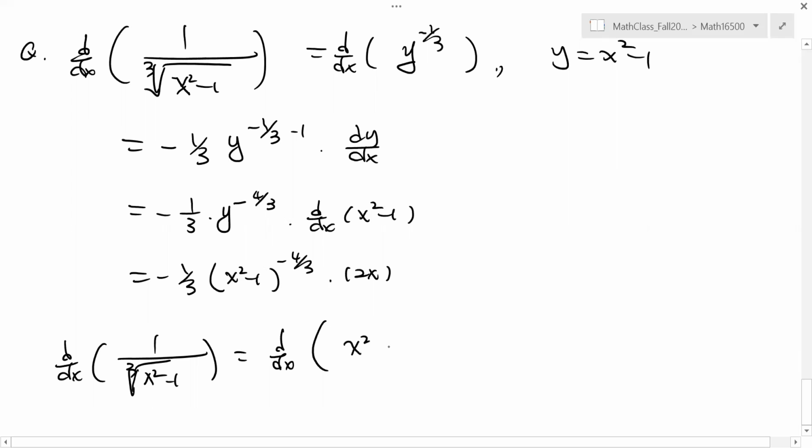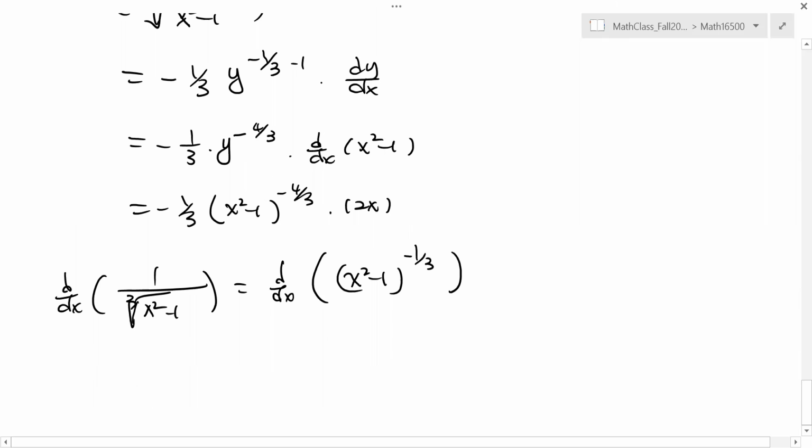Somehow it's going to be x squared minus 1 to the negative 1/3, right? Then you view this like a power function. So it's negative 1/3 times x squared minus 1 to the negative 1/3 minus 1. But don't forget to differentiate the inside function. If you can do it faster, that is how to do it.